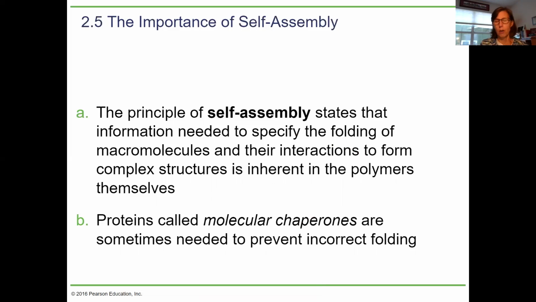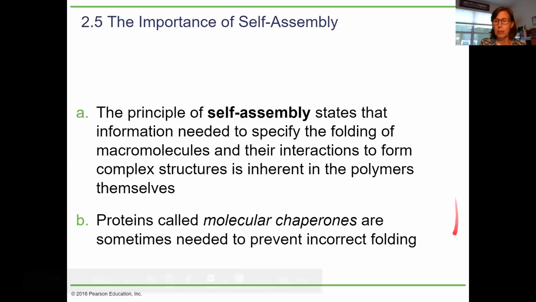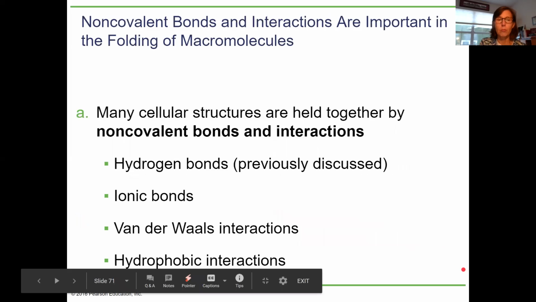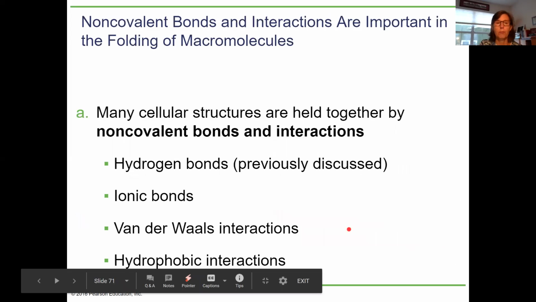There are a lot of classes of protein structures called chaperones. And these protect the protein as it goes through all these different funny little steps, trying to find the lowest free energy state of that protein to assume. So using molecular chaperones is kind of the opposite of self-assembling of a structure.